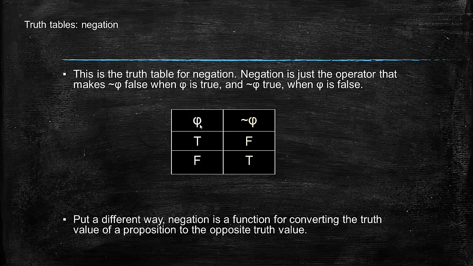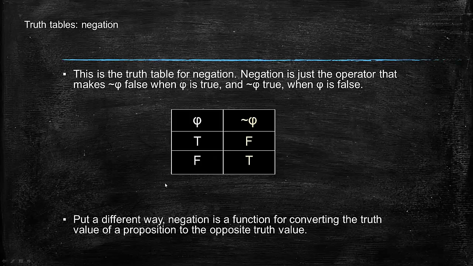So what the truth table for negation says is that when phi is true, right here, then not phi is false. And when phi is false, then not phi is true.